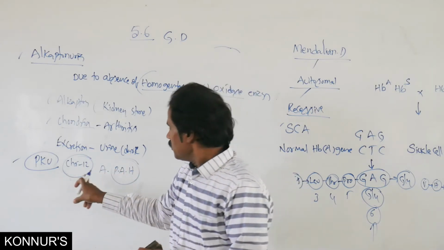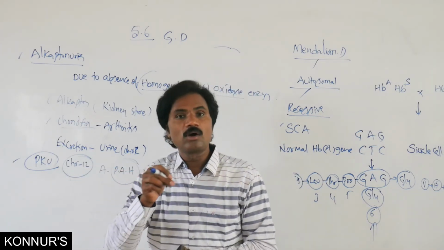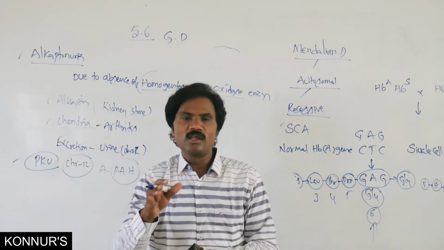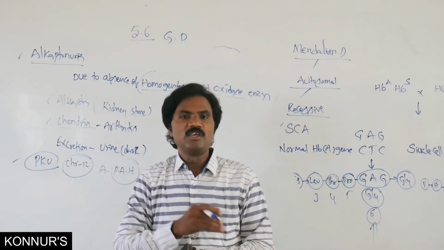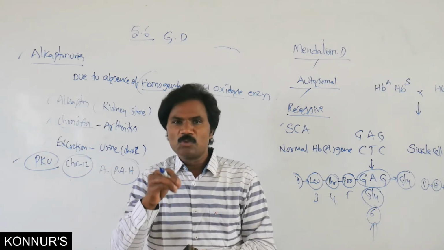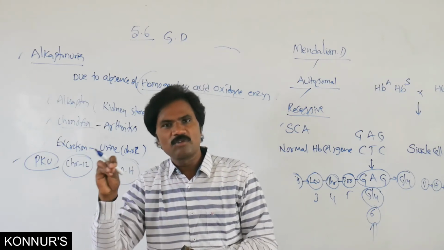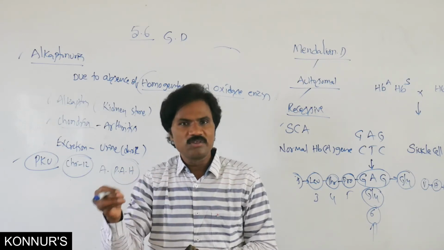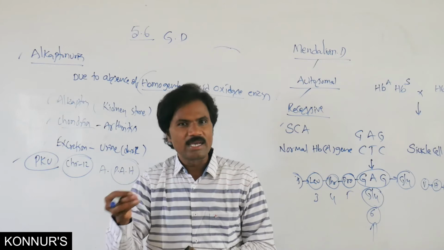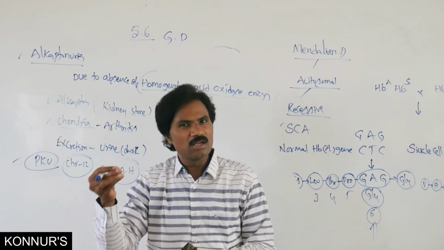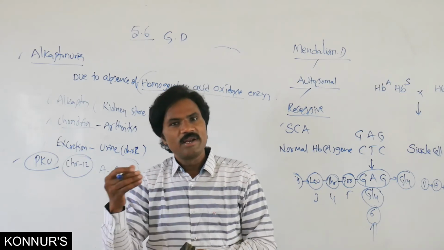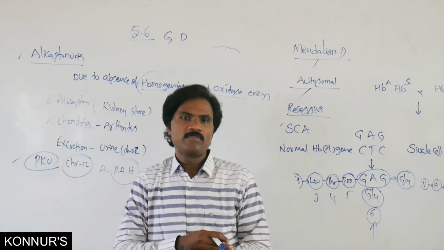Normally, this phenylalanine hydroxylase breaks down phenylalanine into tyrosine. If it is not broken down, it accumulates in the blood and forms products like phenylpyruvate, phenyllactate, phenylacetate, and such products. They are also excreted in the form of urine.